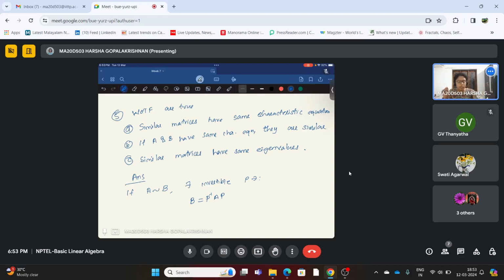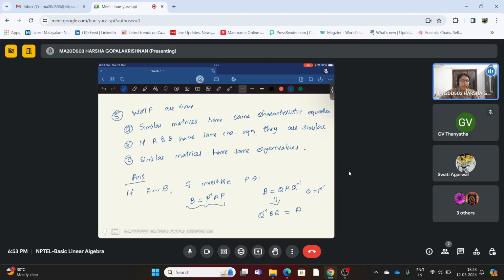If I take Q, B equals QAQ inverse, where Q is P inverse. So from this I can write Q inverse BQ equals A. So similar means one matrix is written in the form of P inverse AP in terms of the other matrix. That's all. This is the definition of similarity.